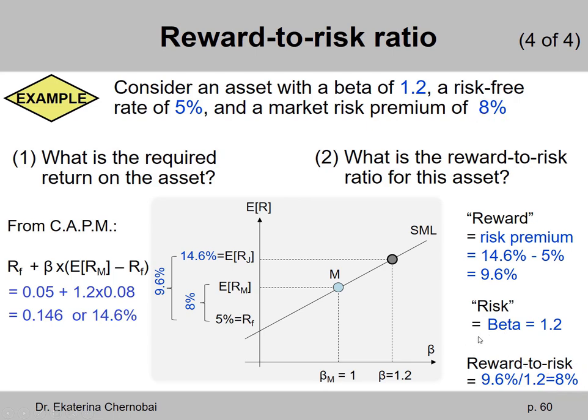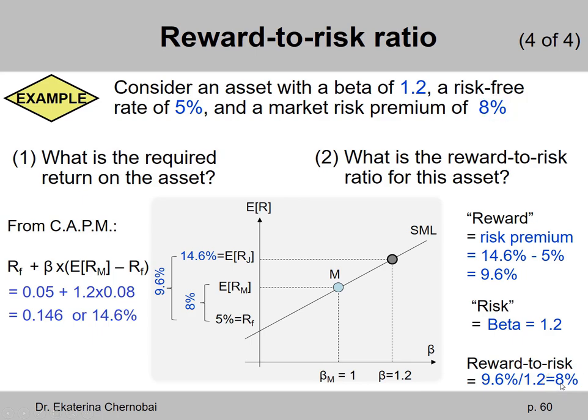Now notice something interesting. We were given the market risk premium of 8% and we have just calculated the reward to risk ratio for our asset, which also equals 8%. Is that a coincidence?